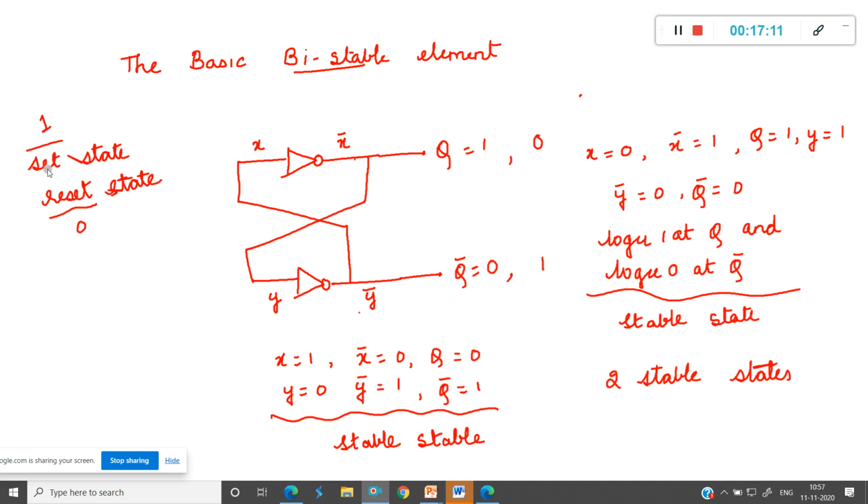So the set state is nothing but preserving a logic 1 in the flip-flop. Preserving logic 0 in the flip-flop is the reset state. So it depends again on the Q value. Q depends on the present input as well as the past inputs. So Q having 1 means it is in the set state, Q having 0 means it is in the reset state. And one more thing here is Q and Q bar are complements of each other.